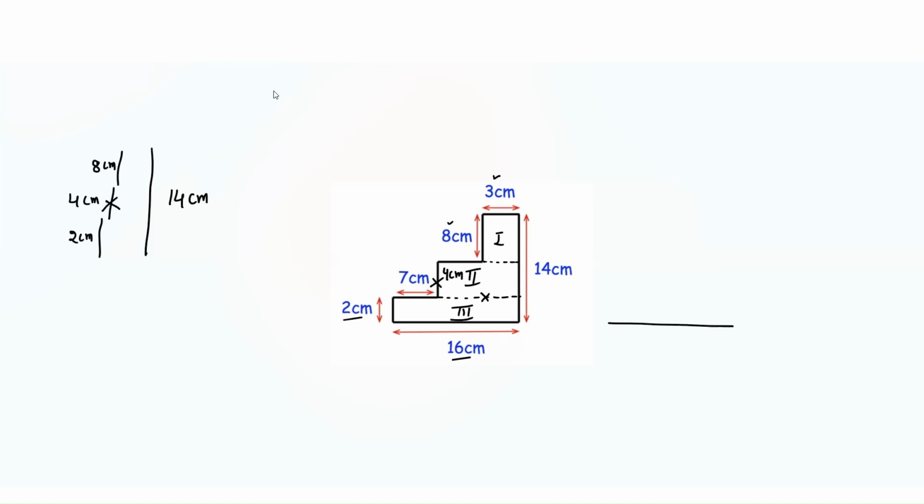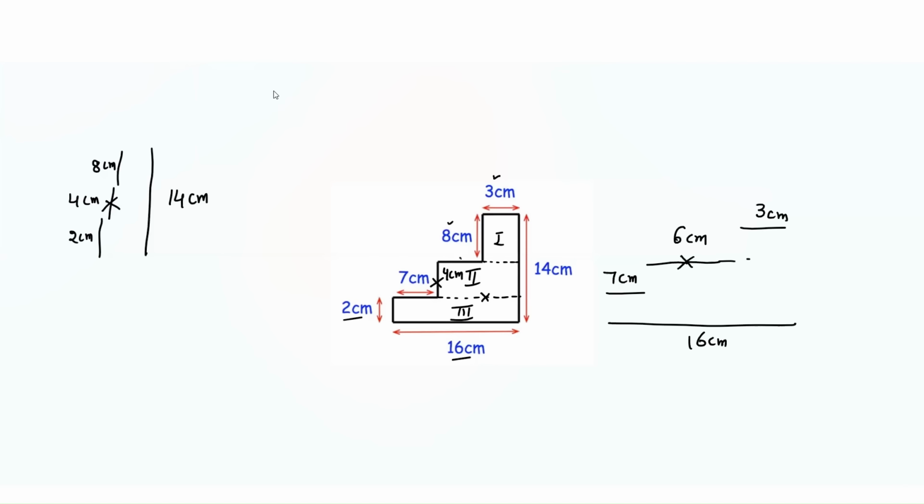Similarly, I'll draw the horizontal one. This is 16 centimeter given to us. This is 7 centimeter given to us. This we don't know how much it is. And this one is given, which is equal to 3 centimeter. Now, this missing side length will be equal to 7 plus 3, 10, and 10 plus 6 equals 16 centimeters.